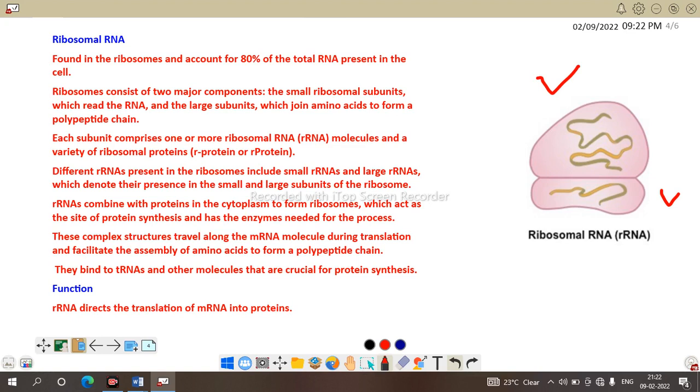Of the small and larger subunits, the large subunit joins amino acids to form a polypeptide chain. Each subunit comprises one or more ribosomal RNA molecules and a variety of ribosomal proteins, or shortly known as r-proteins. Different RNAs present in the ribosome include small rRNA and large rRNA, which denote their presence in the small and large subunit of the ribosome.